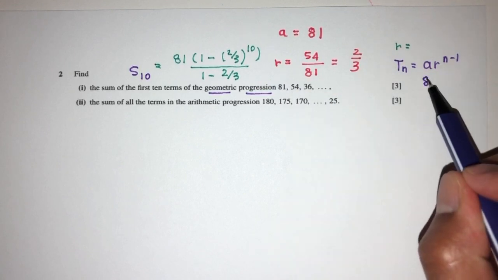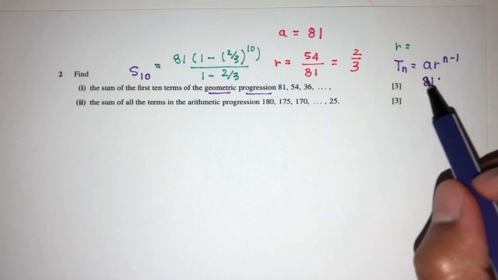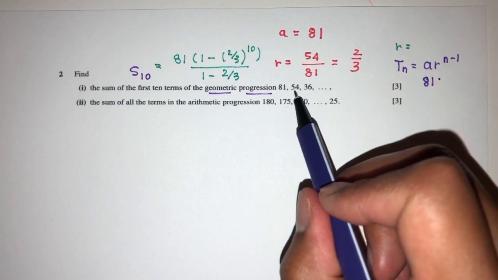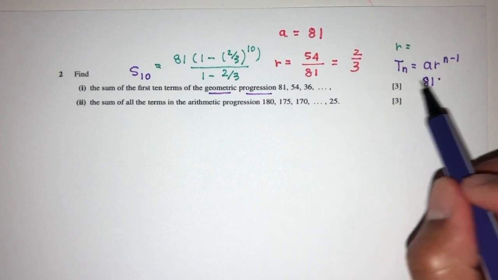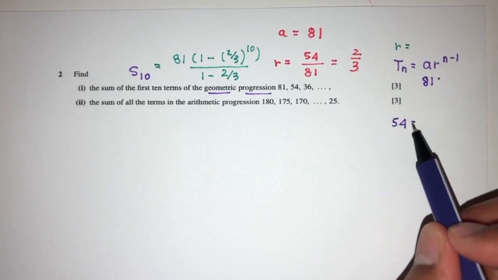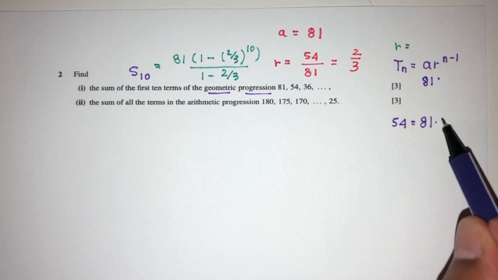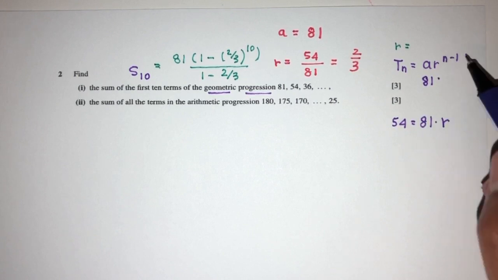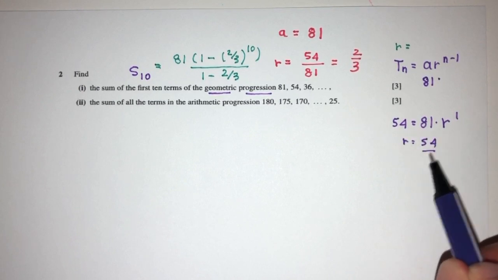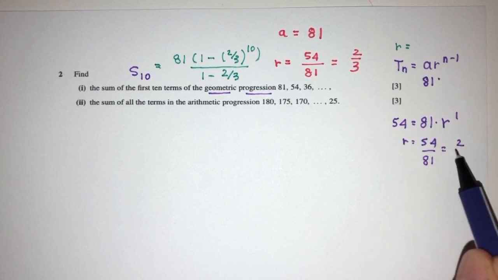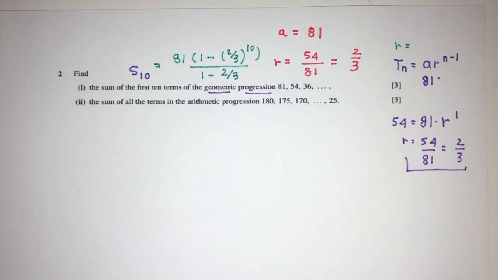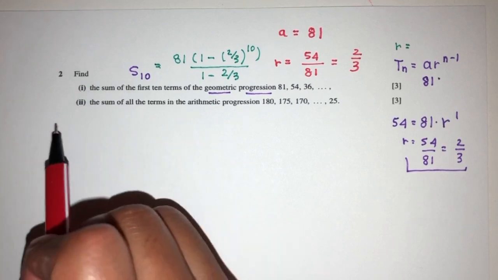Here we have R, and second term is 54, so we can write 54 is the second term equal to 81 times R. N is 2, 2 minus 1 is 1. So R will be 54 divided by 81, which is going to give you 2 over 3 as well. So again, 2 methods of finding the value of R, which is the first thing we need to do in this question.